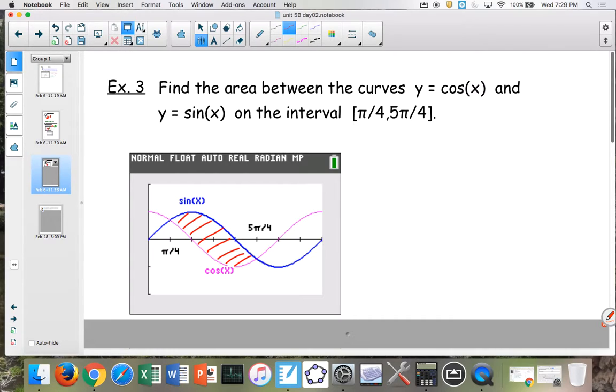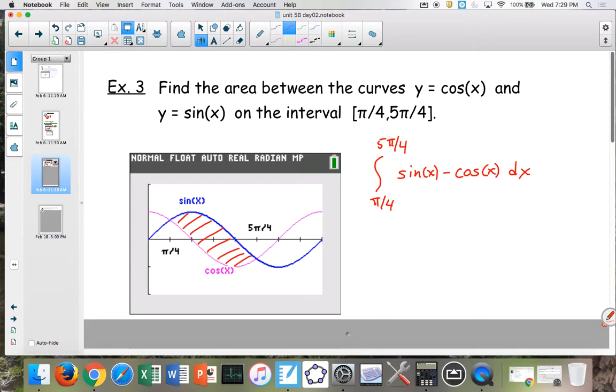So an integral is going to be pretty straightforward. Upper function minus lower function. And that should do it.